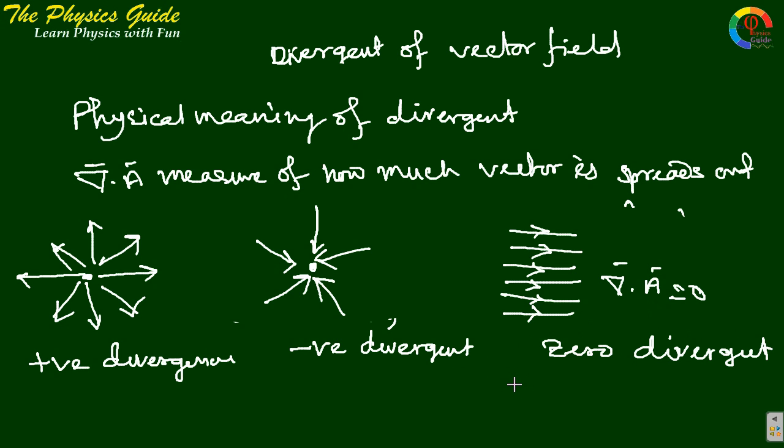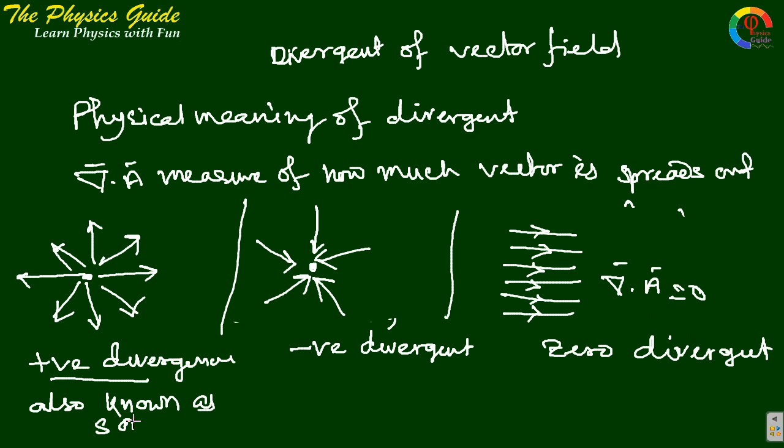And these three have defined categories. This is a positive divergence, also known as a source field, means A is a source field.